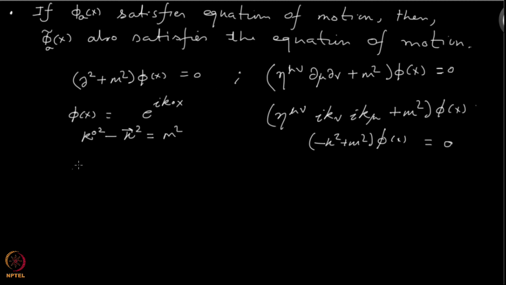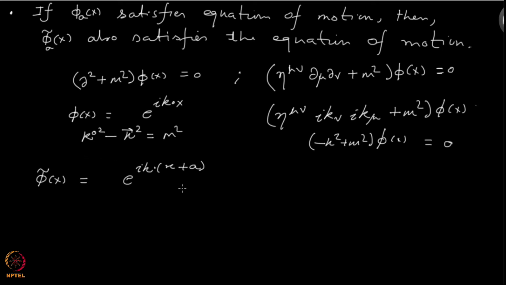Now if you take a new field phi tilde of x, which is e to the i k, and change the x to x plus a, where this a is basically a mu, because we have x mu here, but anyway I am writing it like a dot product, so it is fine.